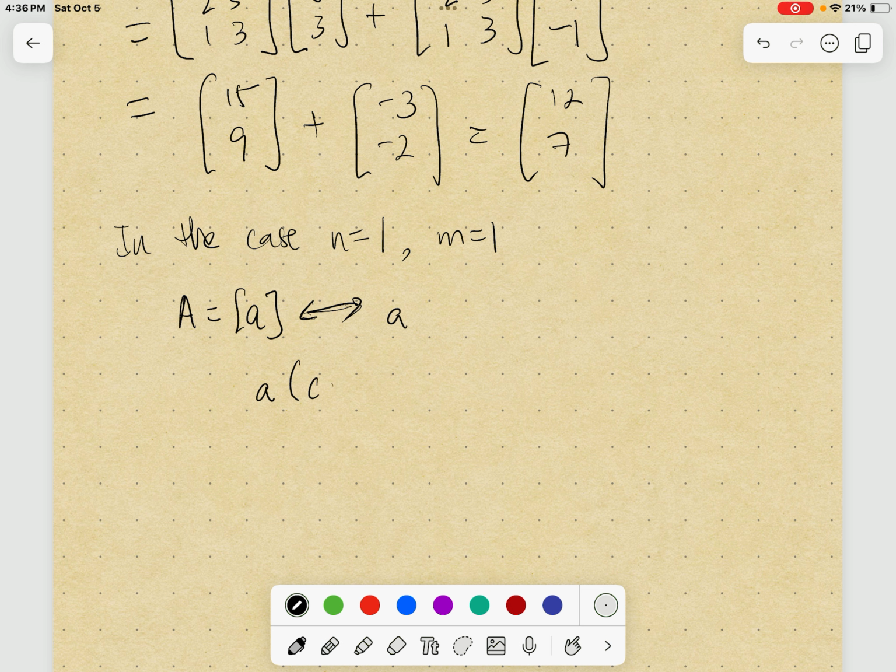So this would be like A times (C U plus D V) equals C times A times U plus D times A times V. And we know that that's true. That's just the distributive property.